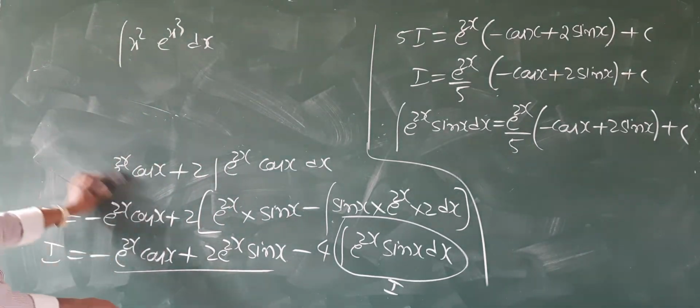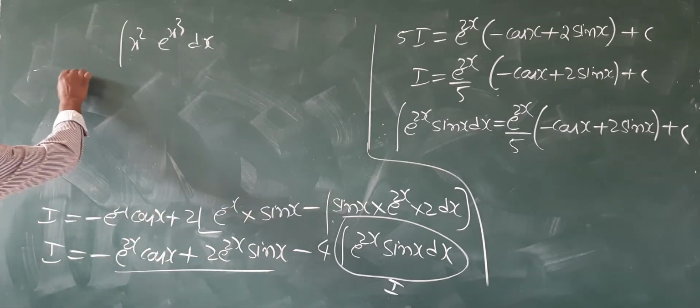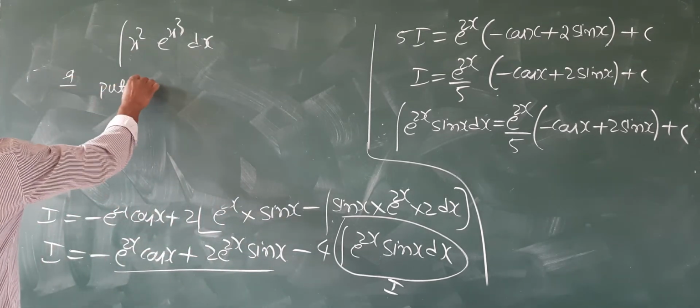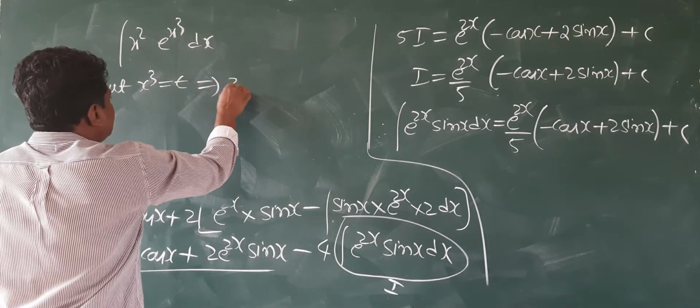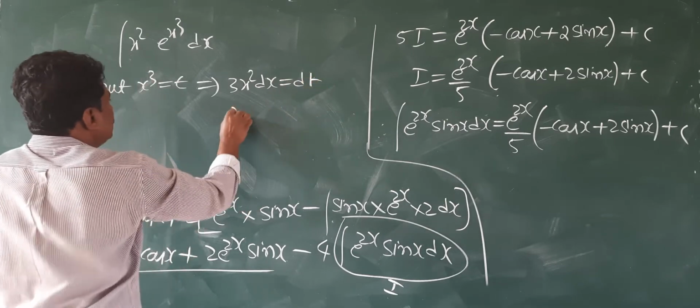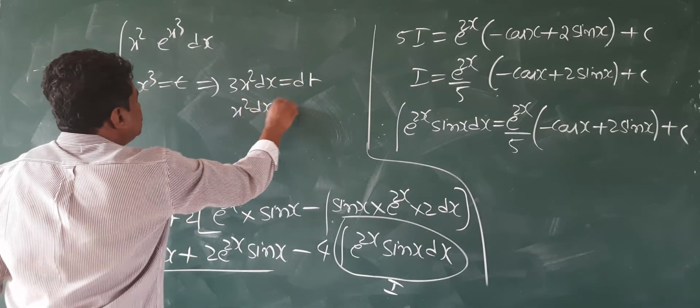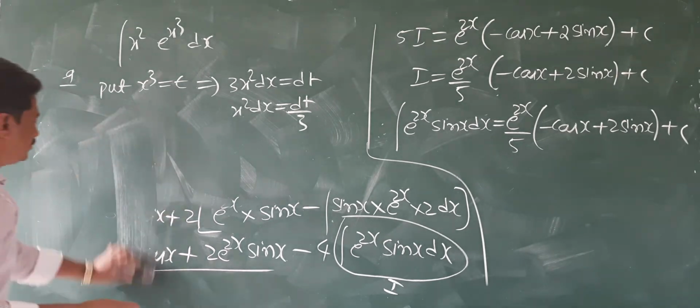Put x cube equals t. This implies, differentiating, 3x square dx equals dt, so x square dx equals dt by 3. Substitute in that.